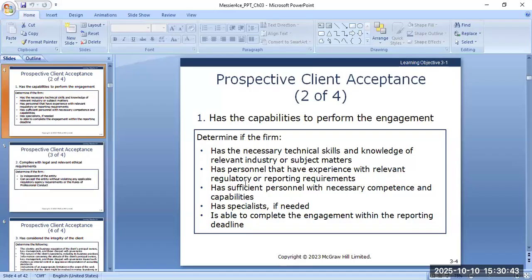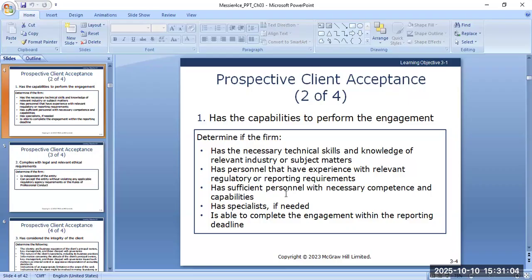Now, do we have enough personnel that have experience with the relevant regulatory and reporting requirements? So every industry has specific requirements and specific regulations. Do we have a person in our team or in our company that has experience?